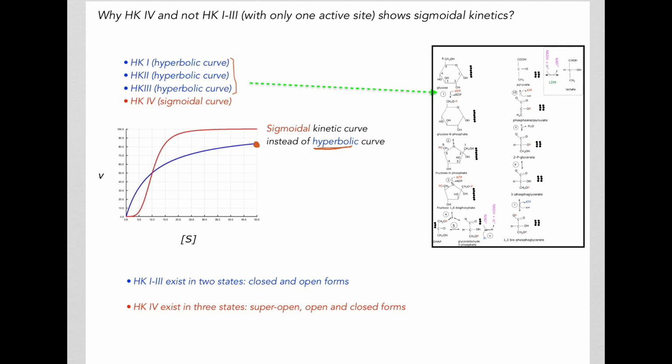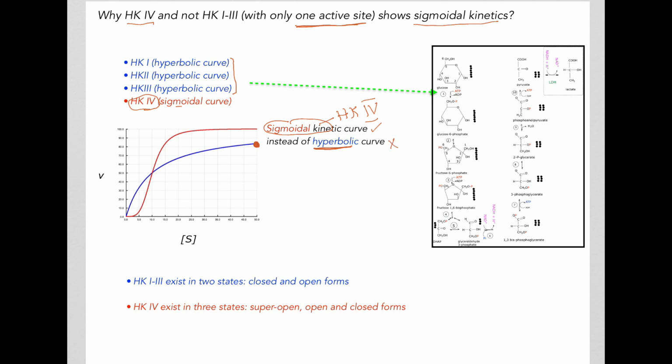However, hexokinase 4, which also has one active site, actually shows sigmoidal kinetics. So although all these isoforms have one active site, hexokinase 4 shows sigmoidal and not hyperbolic.